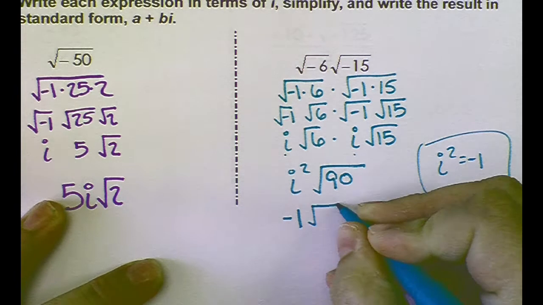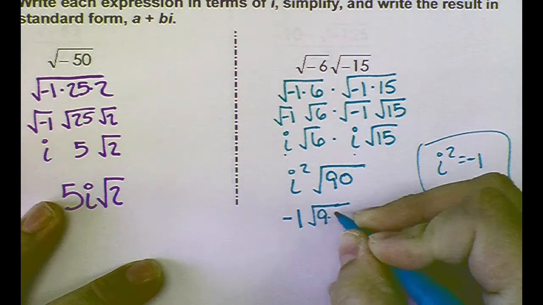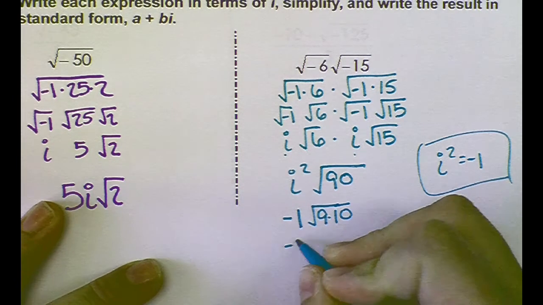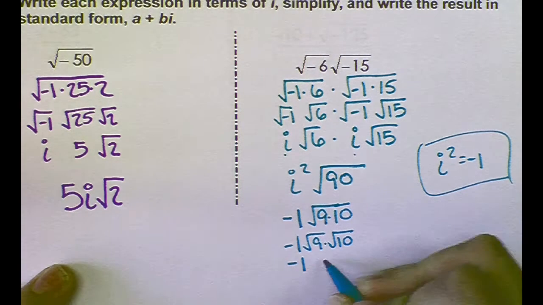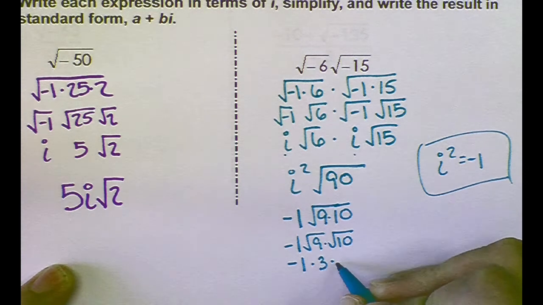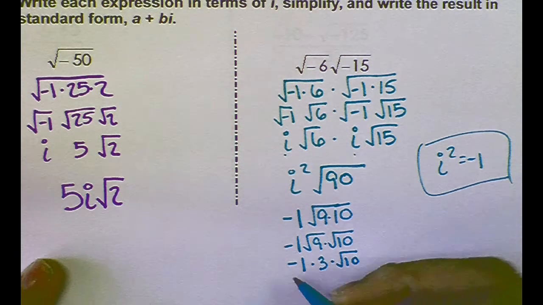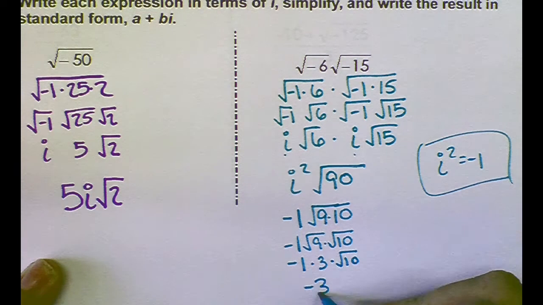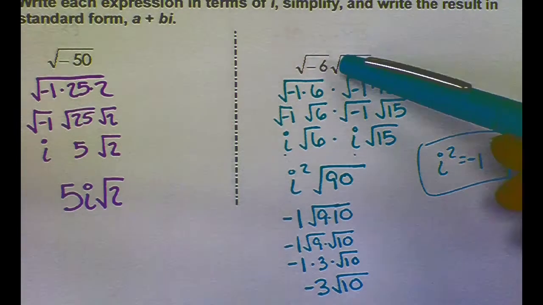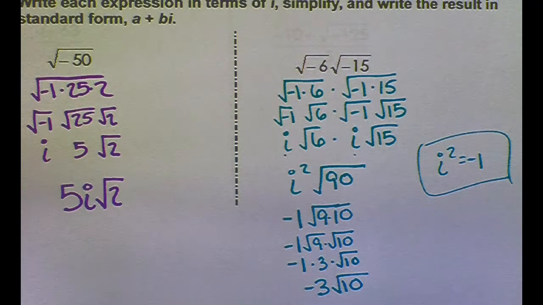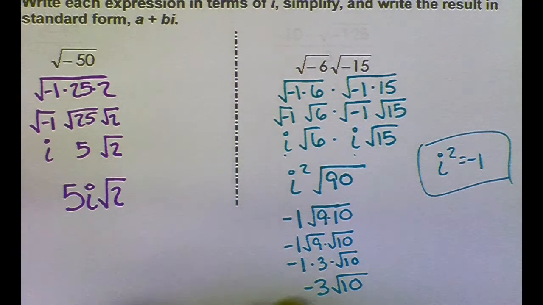And the square root of 90 can be broken apart into 9 times 10. And the square root of 9 times the square root of 10, well, the square root of 9 is 3. The square root of 10 is stuck. Multiply -1 times 3, I get -3 square root 10 for that whole thing. If you just multiplied right away, you would get the square root of 90, and you wouldn't have that negative in your answer.